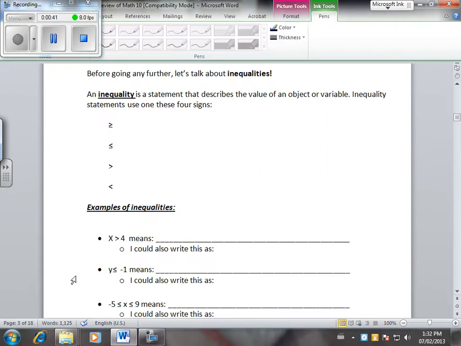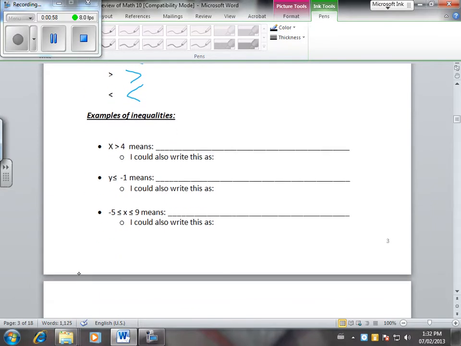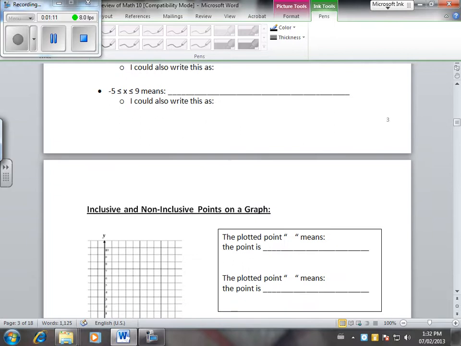And then we talked about the inequality signs, which you have to be very comfortable with because we're going to be using these a lot in the next couple chapters. So you have greater than or equal to, less than or equal to, greater than, or less than. Okay, and there were some examples, and being able to say x is greater than 4 just makes our life easier, because then we don't have to write out x is greater than 4 in actual words.